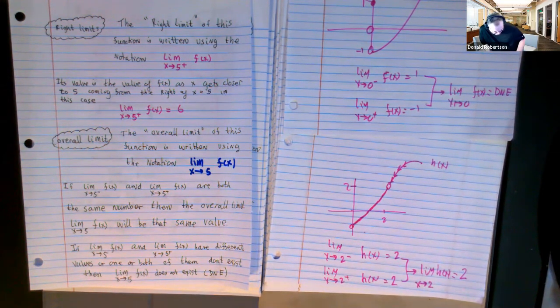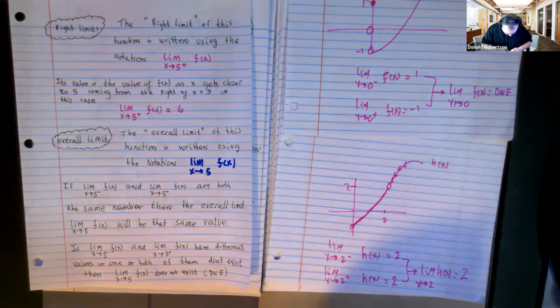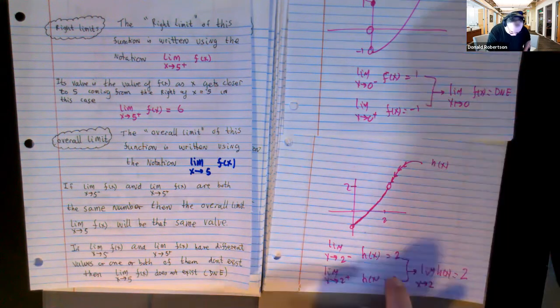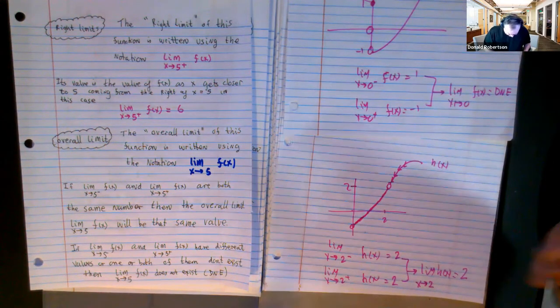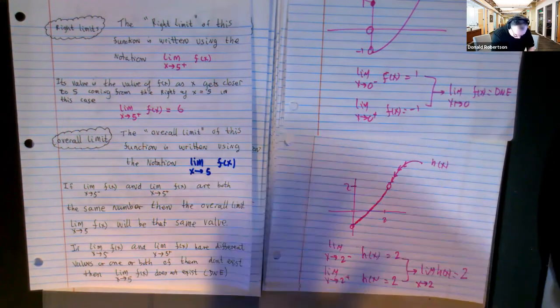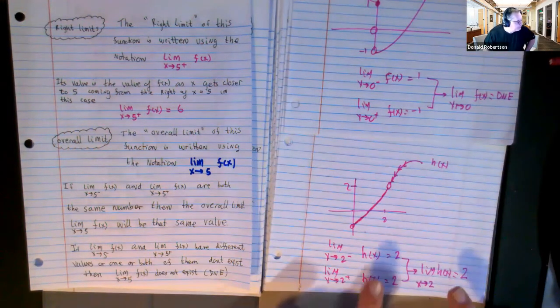We even have a name for this. Functions that do this, as long as that little hole is filled in, would be considered continuous functions. And they are good because we like that. We don't like this situation because basically it means finding derivatives is going to be very difficult, if not impossible. But we do like this situation.